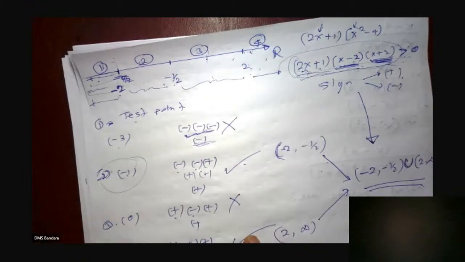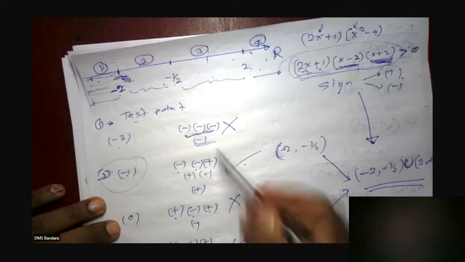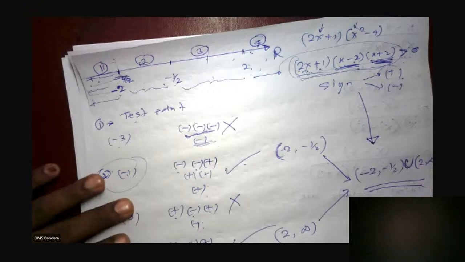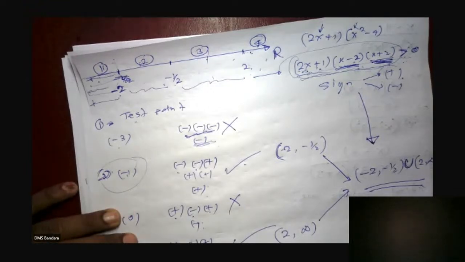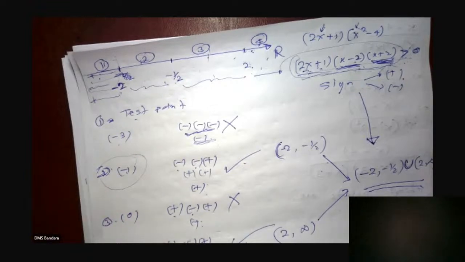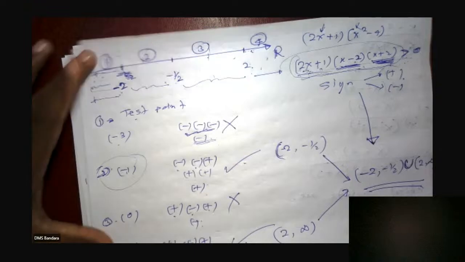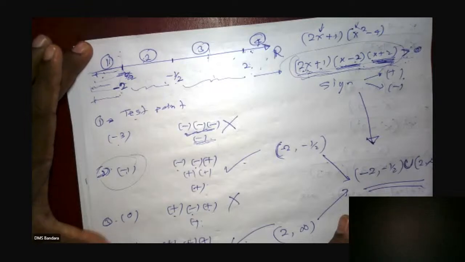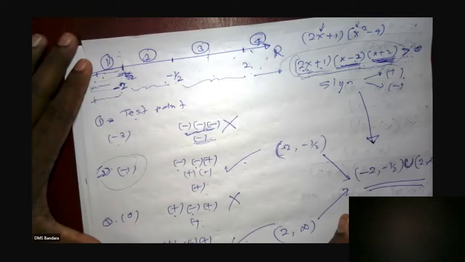When we are checking some regions, we cannot go for a pattern like this. Same sign becomes closer. Because of this pattern, you may see an easy way, but I prefer that you find the sign of the inequality by using the test point. This is very fundamental. There are no steps that lead to wrong answers. It's very easy. Okay. Thank you.